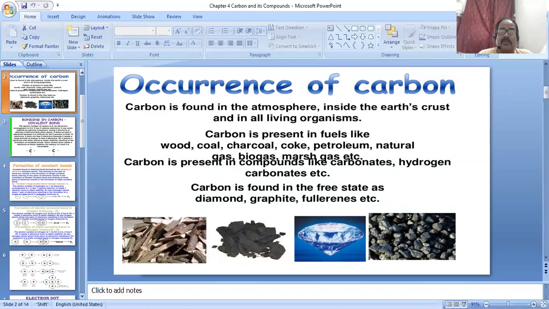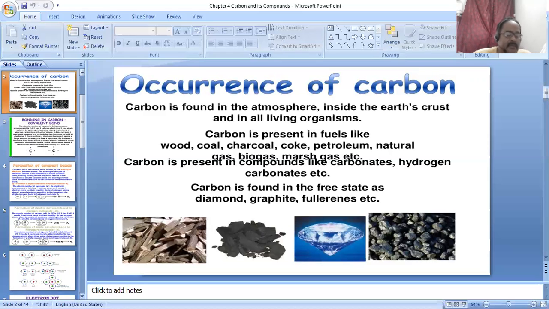And the electronic configuration according to Bohr-Bury is 2, 4, because the total number of electrons is 6 and the valence electrons are 4. And according to energy levels, the electronic configuration is 1s2 2s2 2p2. This is the electronic configuration of carbon.